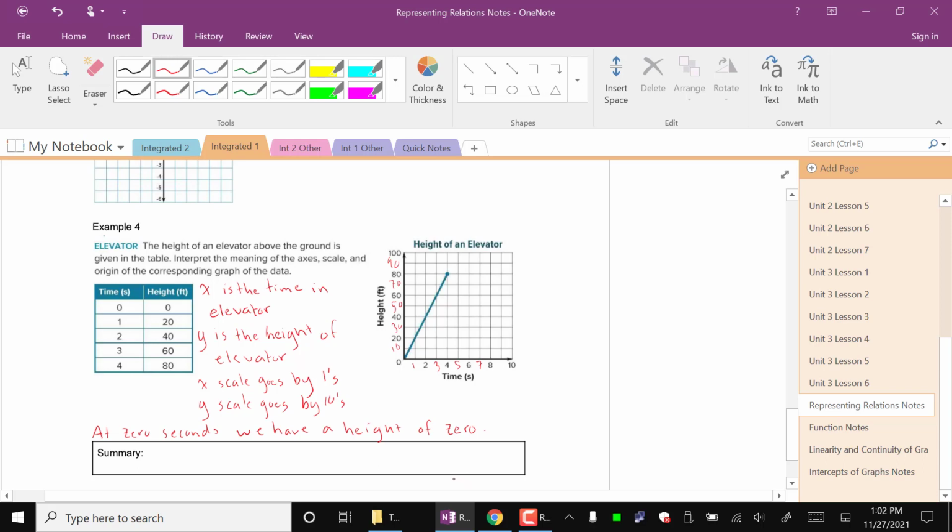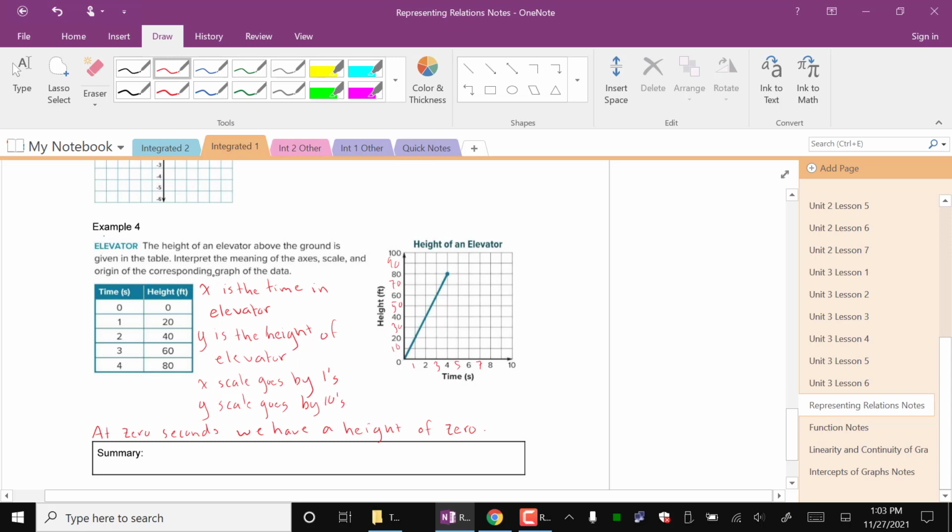Sometimes you might start off at a different floor. Say you had 2 elevators in this, and the first elevator started at the ground floor and the second elevator started at, say, floor 50. Then it could be 50 and then it'd go up from there. So in that case, it would say that it's 50. It's the start. But here it's 0, 0. So that's what our origin means.